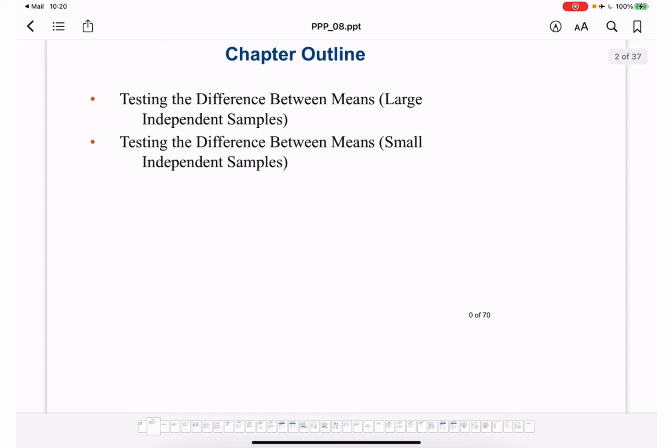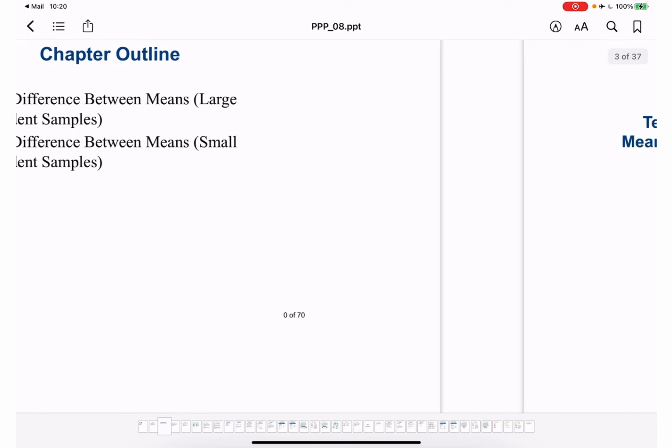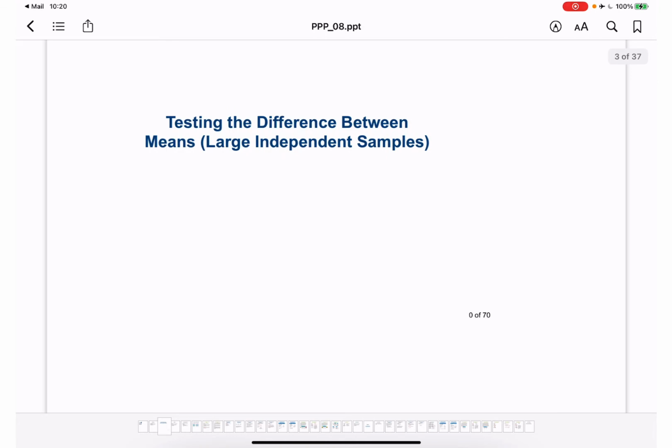So we're going to work with independent samples right now. So testing the difference between means, large independent samples. Okay, we know that samples can be large, and the cornerstone, the sample size, is 30. So above 30, the sample is considered a large one.